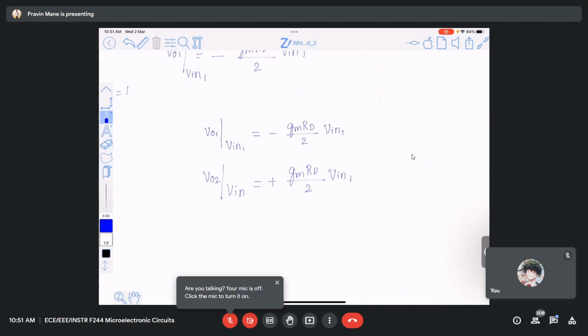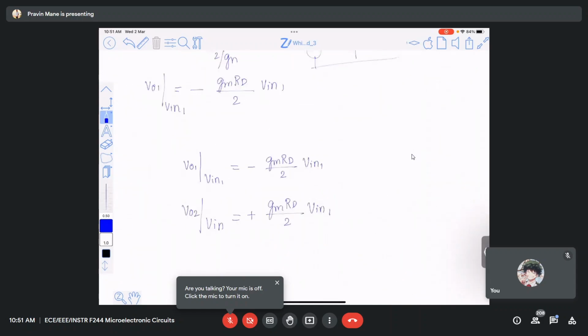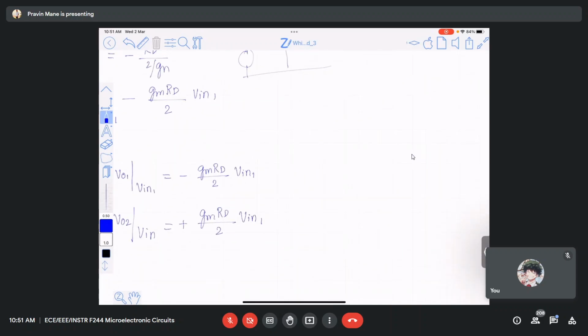Now, what should I do next in the same circuit? So we could find the effect of V2 by grounding V1, but it will be the mirror image of this. First what I have done is, this is V in 1, this is V in 2.